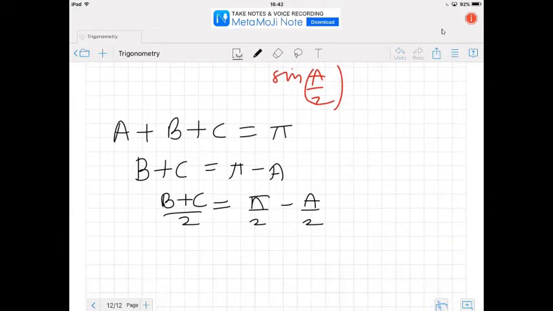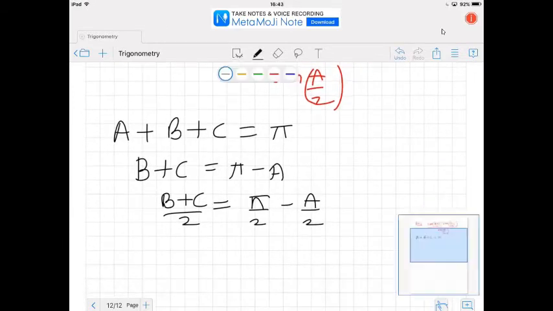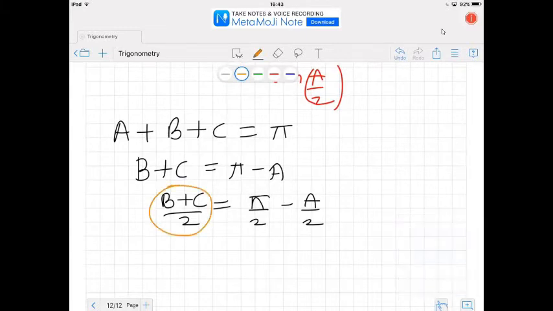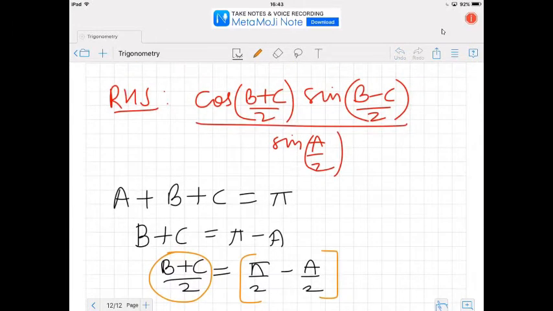Okay. Now I'm going to use this in my equation. I'm going to substitute B plus C by 2 as pi by 2 minus A by 2. So in the numerator, I have cos of B plus C by 2.